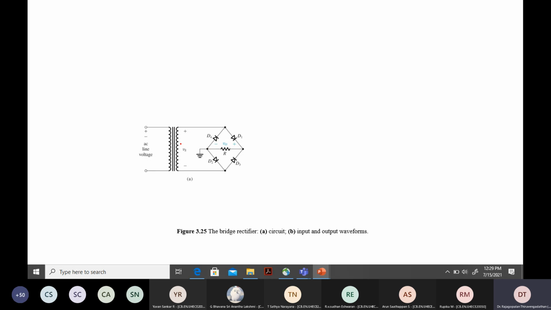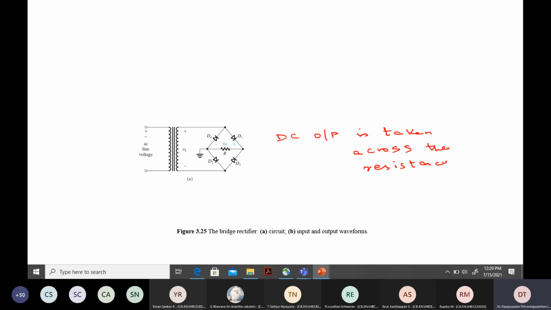What is important is the output from the secondary of the transformer is fed to this bridge configuration, and the DC output is taken across the resistance R.